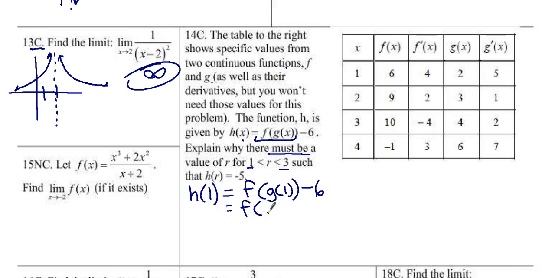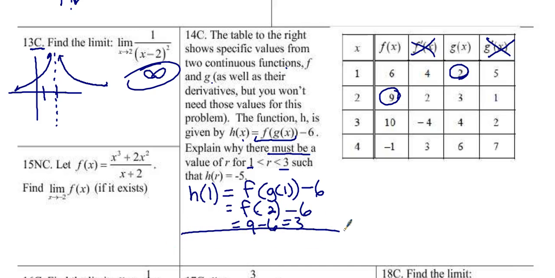Go to 1, go to g. Ignore g prime. We're not using the f prime or g prime. Those are derivatives. That's not till later. G of 1 was 2. So that's f of 2 minus 6. Not f times 2. That means the function evaluated at 2. F of 2 is 9. So 9 minus 6, which is 3.